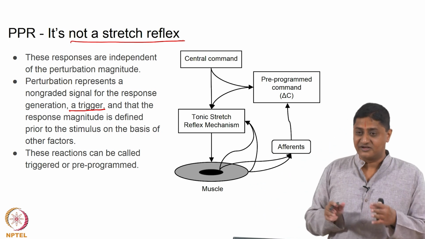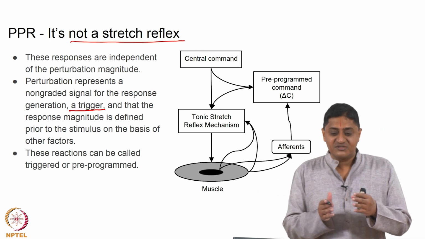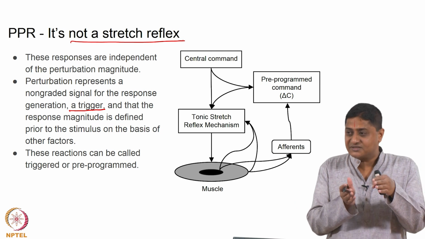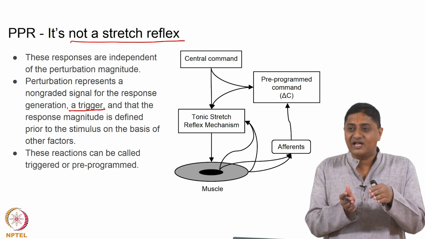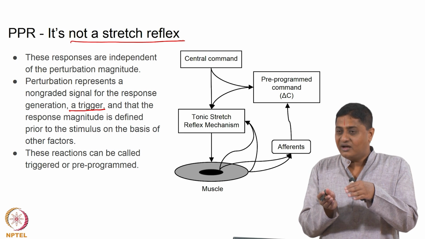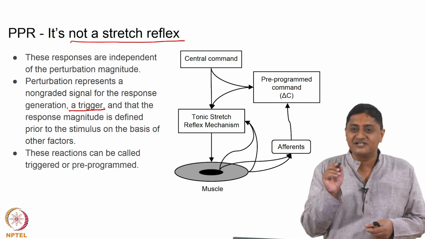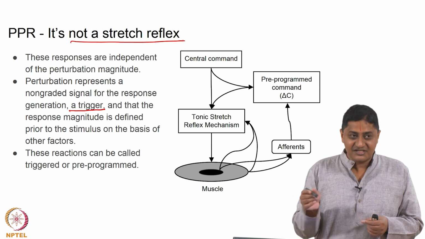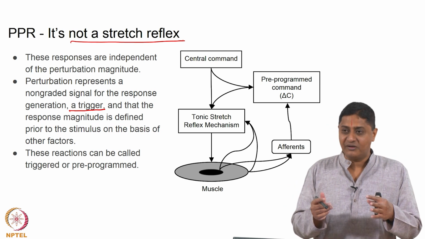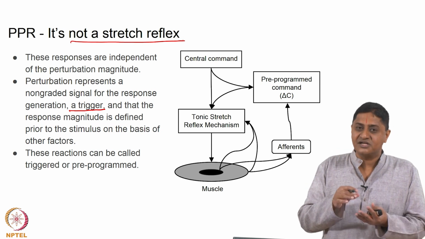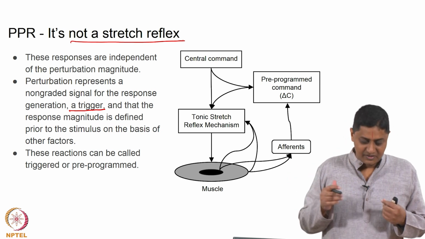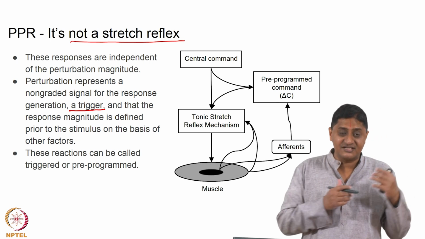I am speaking as if this is a computer that is executing, and saying there are multiple options or multiple actions that can be prepared, and which one of these is going to be executed depends on which trigger is pulled. Whichever trigger is pulled, the response is going to happen, but pulling the trigger harder is not going to change the response. So, in that sense it is different from an action potential.